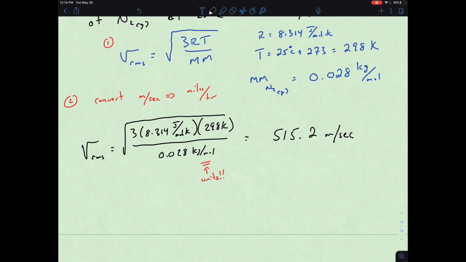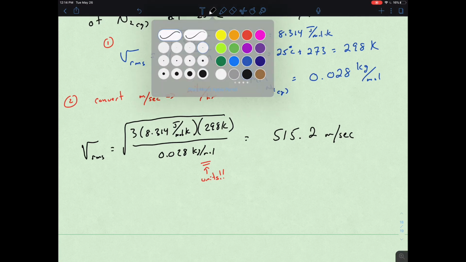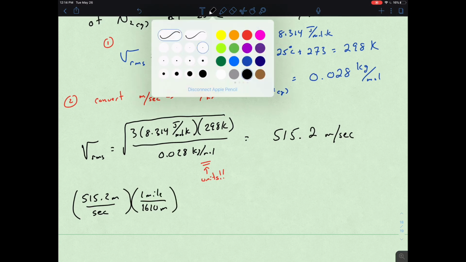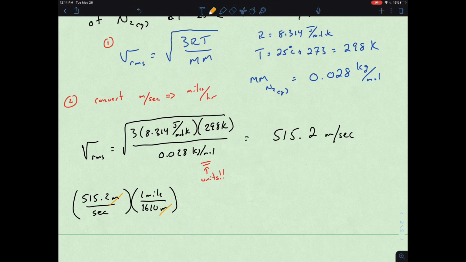So if we now continue on with the conversion process, we would just have to look up some conversions. We can start with the numerator, the meter. There's 1,610 meters for every 1 mile. So that's getting out of the meters unit. Now we're in miles per second. And then there's 3,600 seconds for every 1 hour.